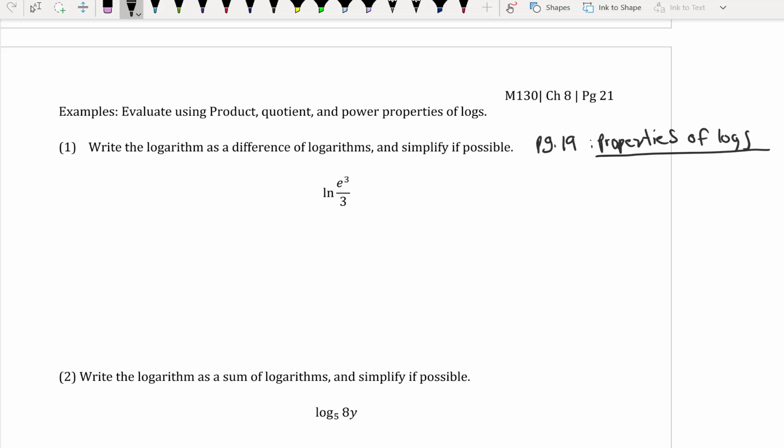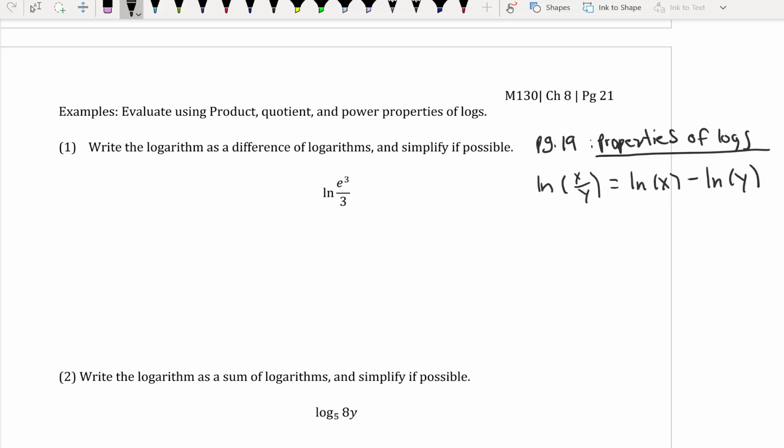So the natural log of, let's say, x over y is equal to the natural log of x minus the natural log of y. Remember, division is repeated subtraction. So it turns into subtraction for our properties of logs.